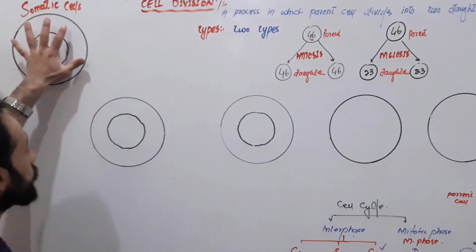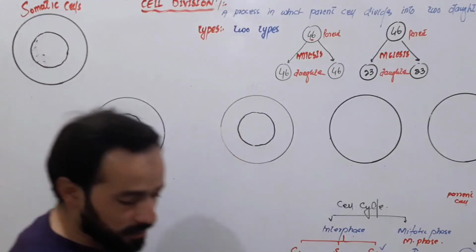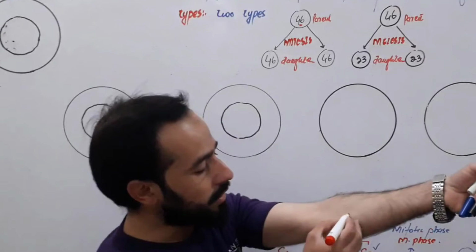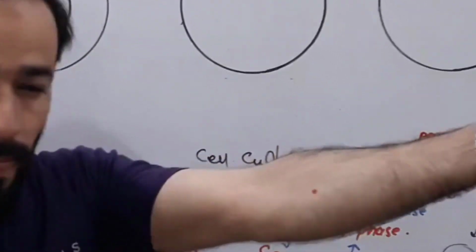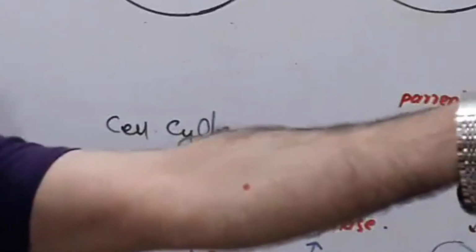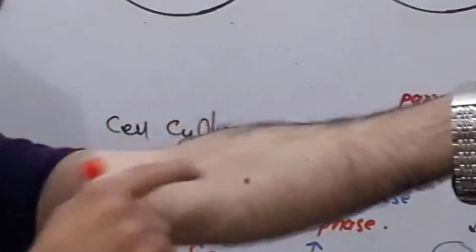So first of all, just consider that we are discussing mitosis, and here is a cell in my body. Look carefully. In my body, here is a cell which has been damaged, or here are many cells which have been damaged. What do you think, will these damaged cells remain in my body?